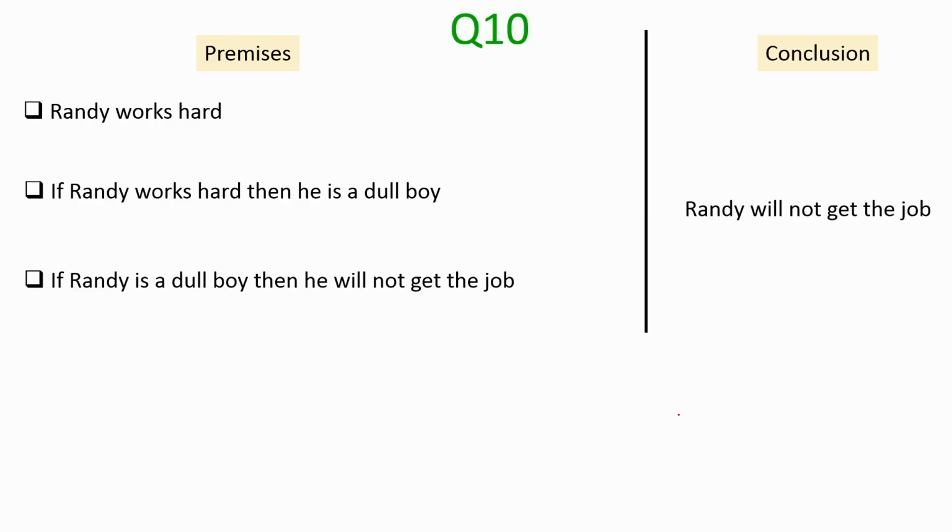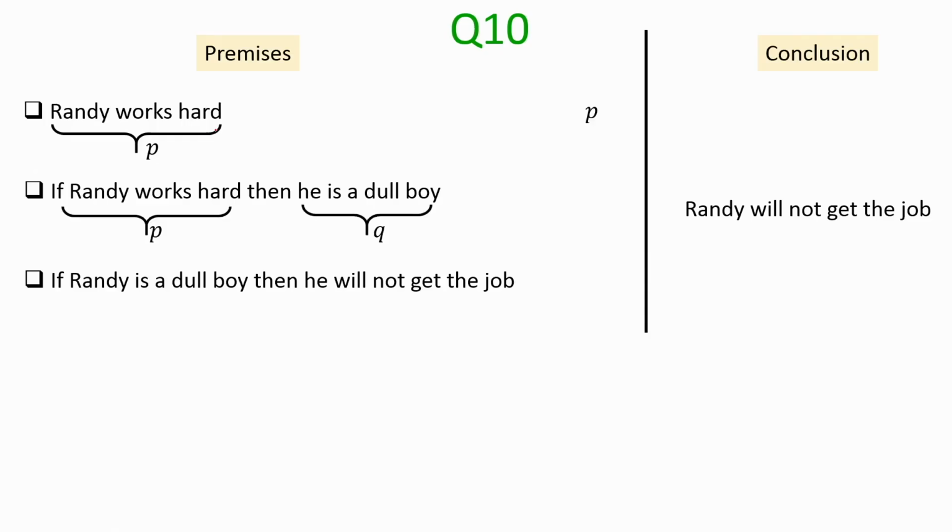In question 10, you are given a set of premises and a conclusion, and you have to verify whether this is a valid argument or not. So, what we first do is we convert statements into propositions. I introduce the variable p here, and this is a simple proposition.